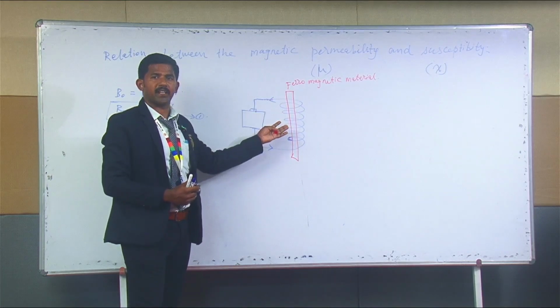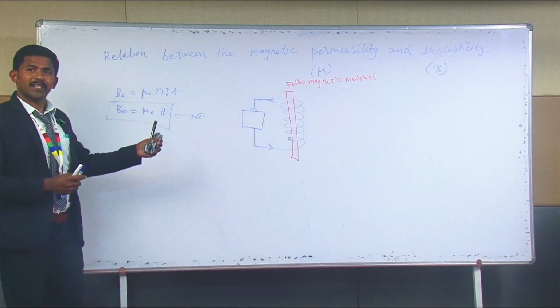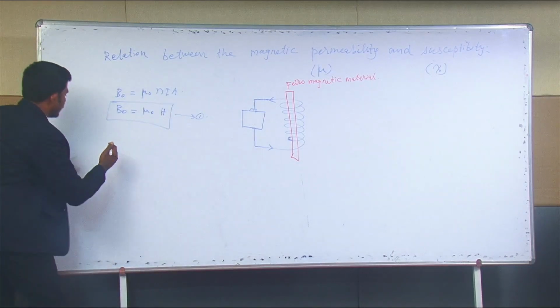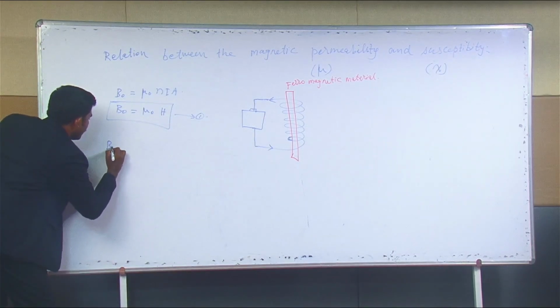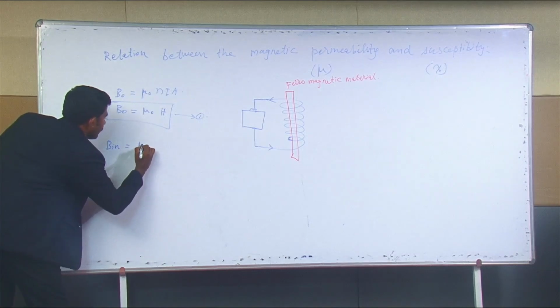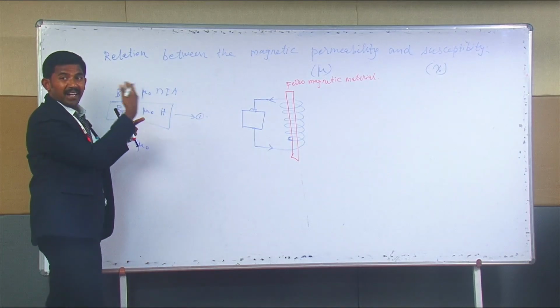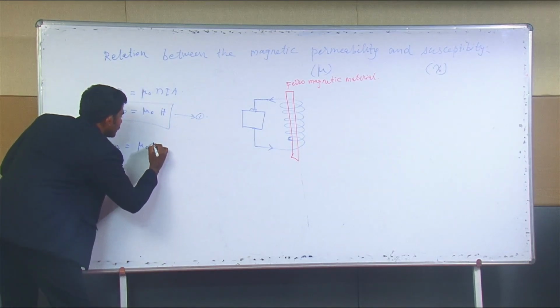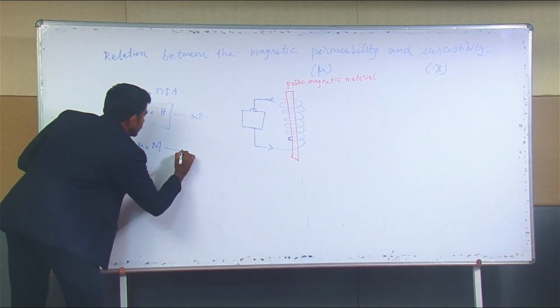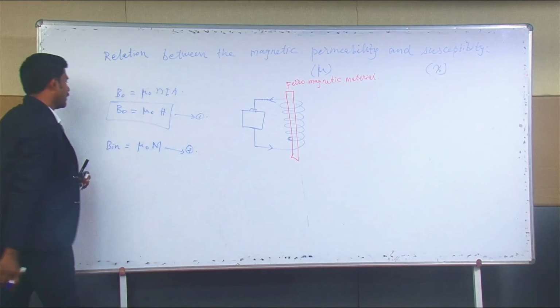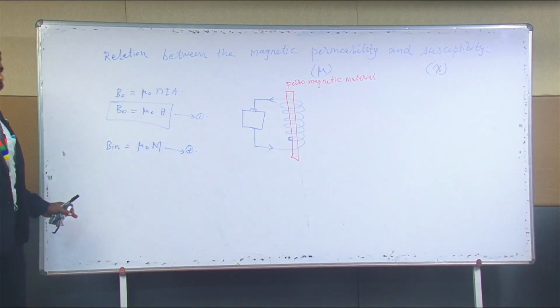Due to that magnetizing, the internal magnetic field we can write as mu 0 into M. This is equation 2. So from equations 1 and 2, we can write it as follows.